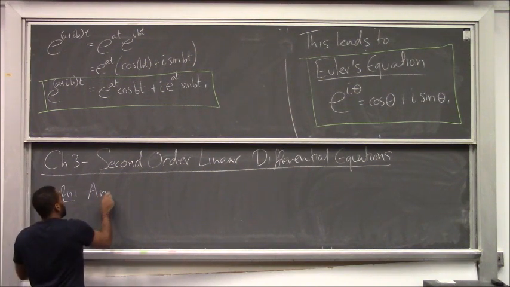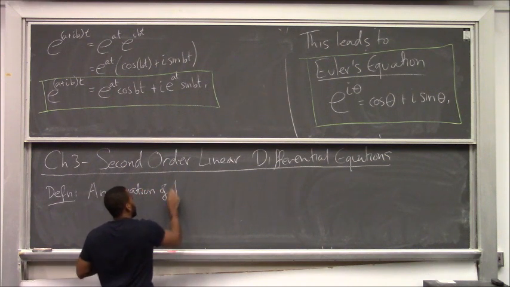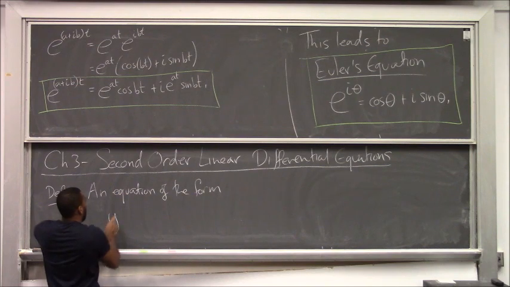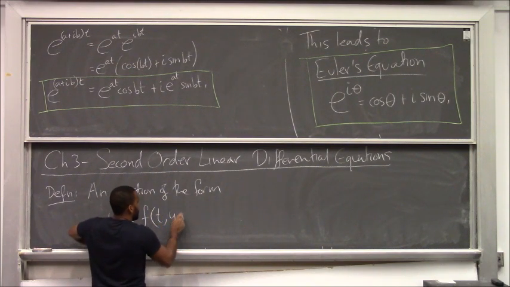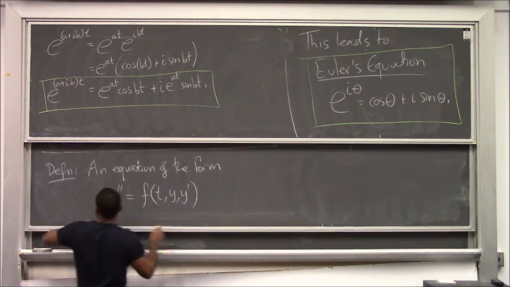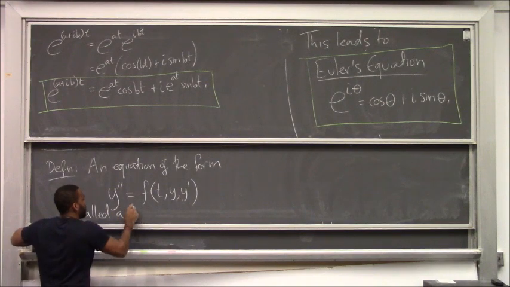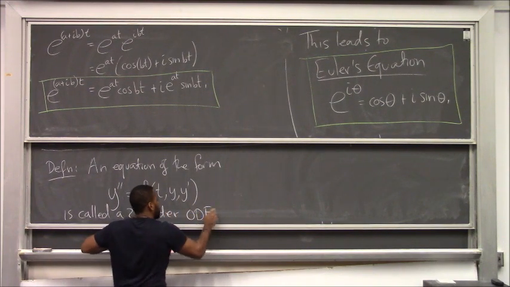An equation of the form y double prime equals some function of t, y, and y prime is called a second order ODE.